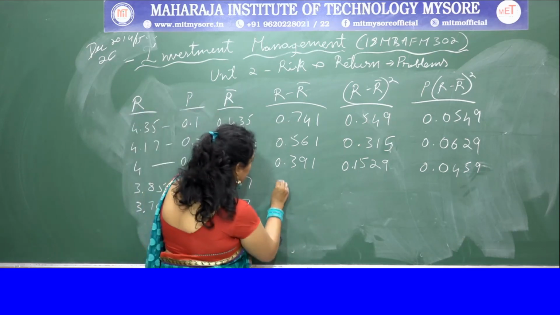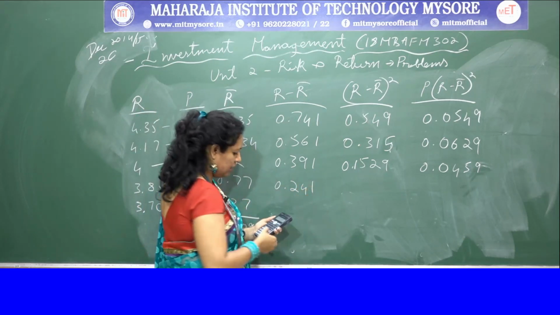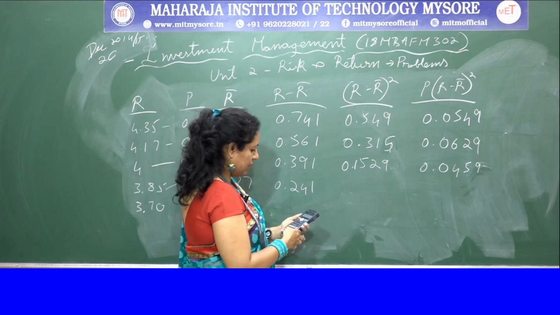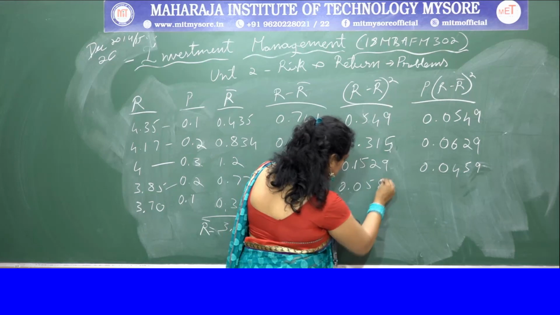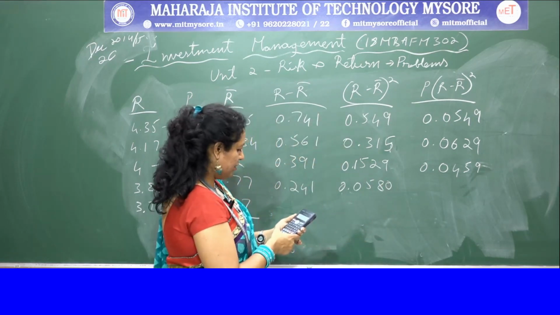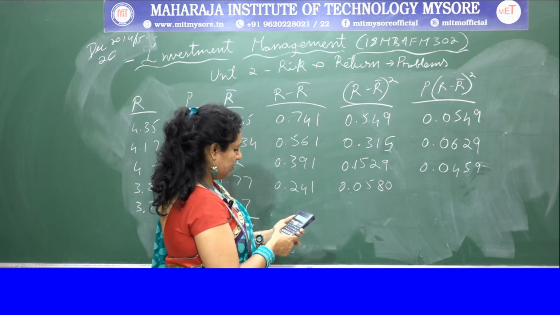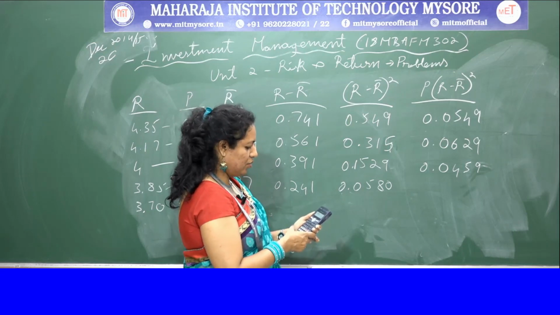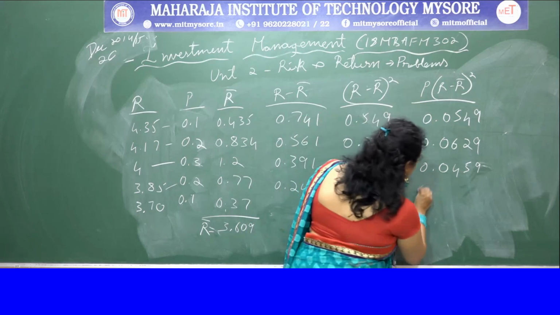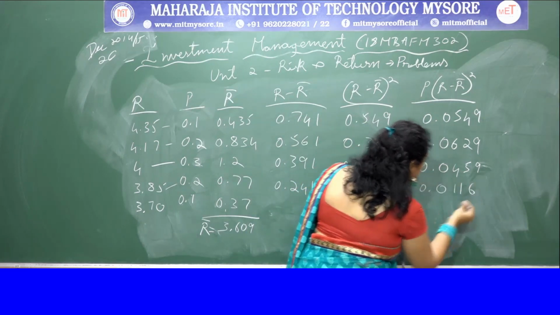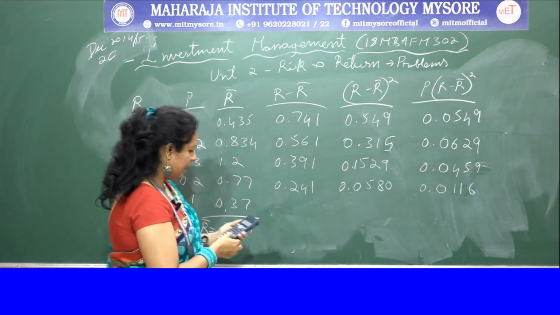You get 0.241 into 0.241. You get 0.0580. Okay, so you get 0.0580 into 0.2. You get 0.0116.